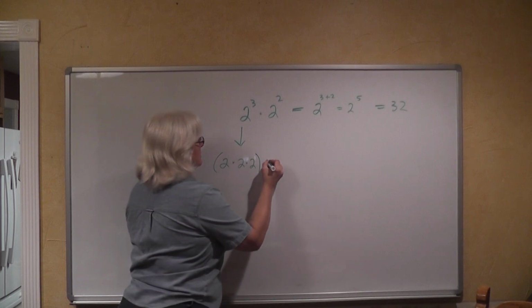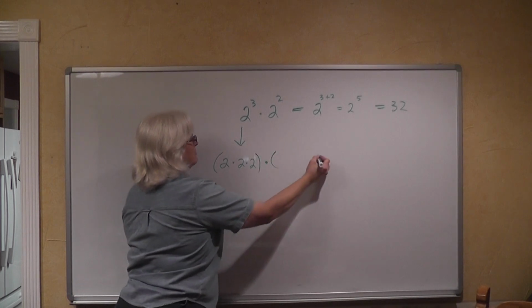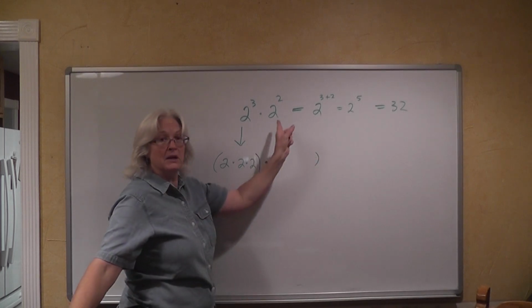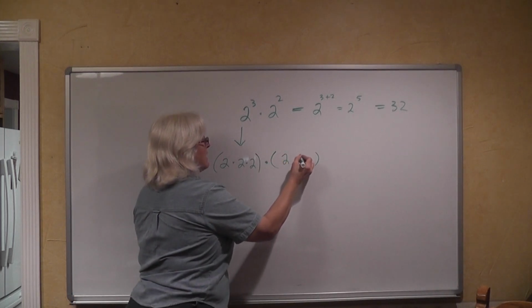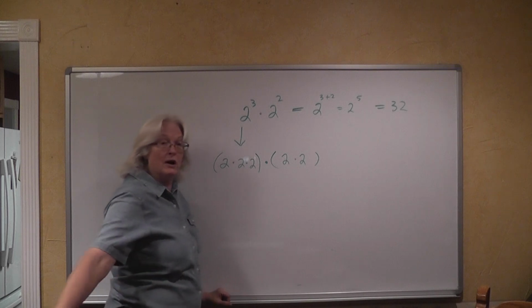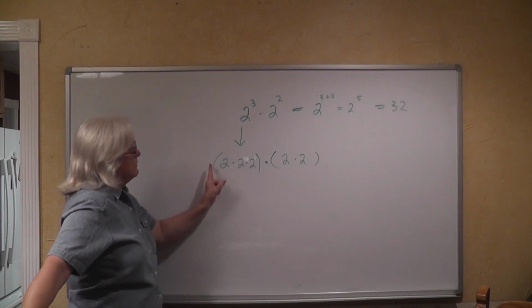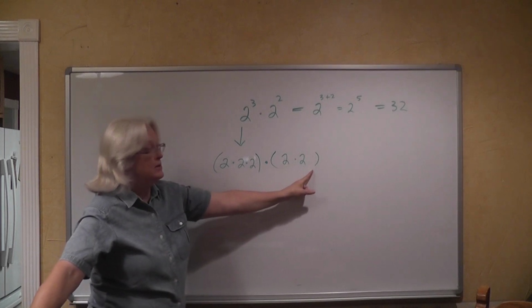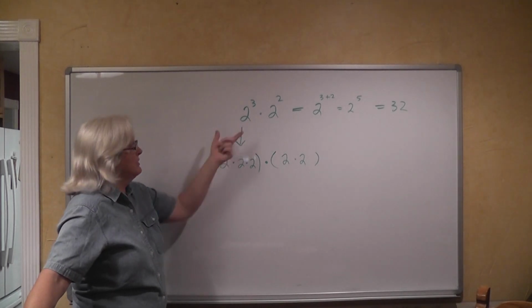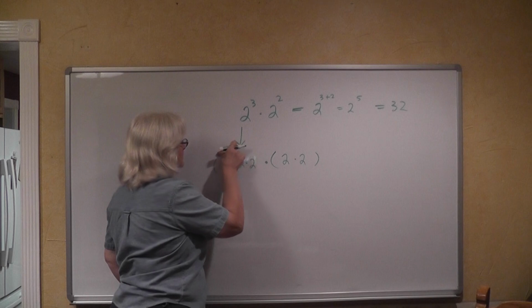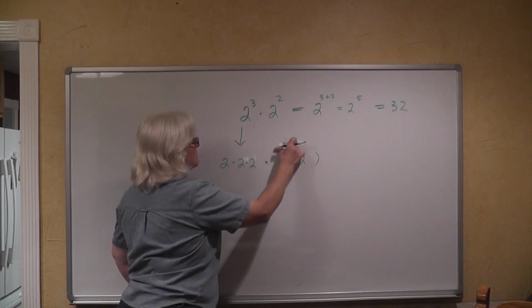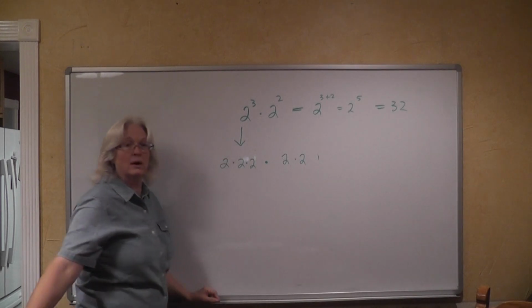Times, what's 2 squared mean? It means take 2, the base, use it as a factor 2 times. Now we have parentheses here. Do we need to have them there? No, that was just where we were indicating that 2 cubed was 2 used as a factor 3 times, and 2 squared was 2 used as a factor twice.